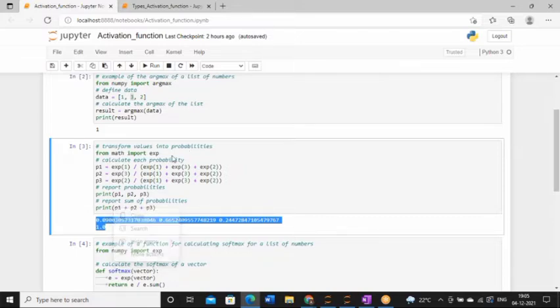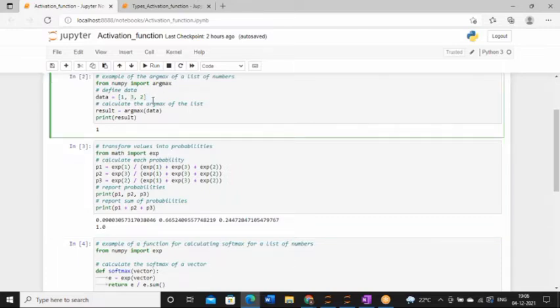See, I am just implementing the same list, that is 1, 3, 2. So this is the data list I am using. If you consider this data list, 1, 3, 2, from a probabilistic perspective, the argmax function is returning 1, that we have already discussed.